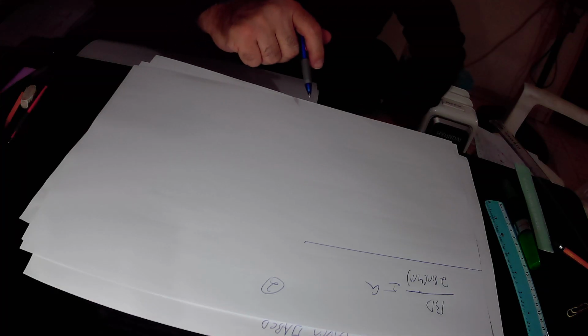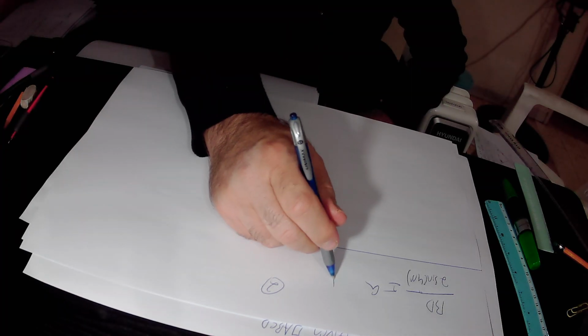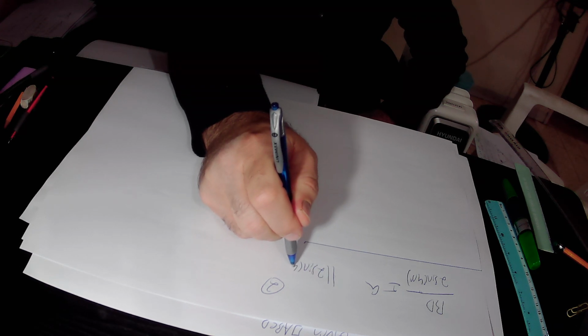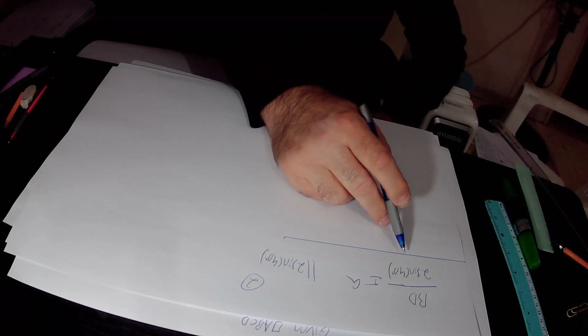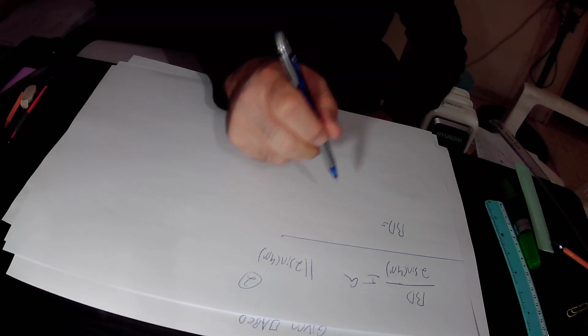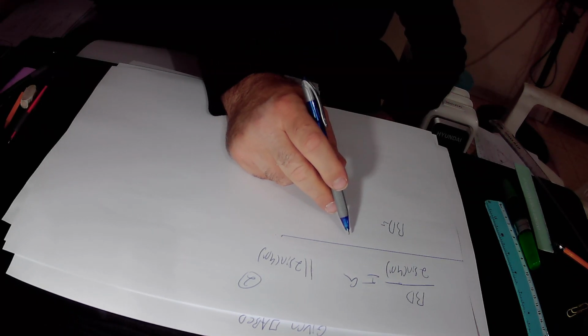Here we will multiply this equation by 2 times sine 40 degrees, and we get that on this side of the equation we have BD equals 2A times sine 40 degrees.